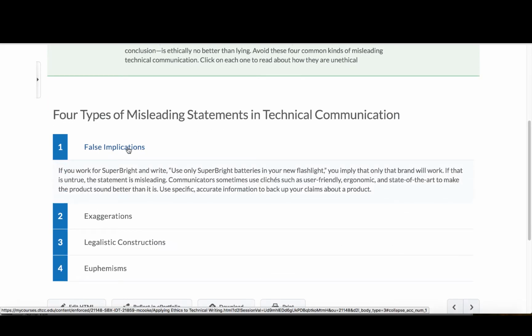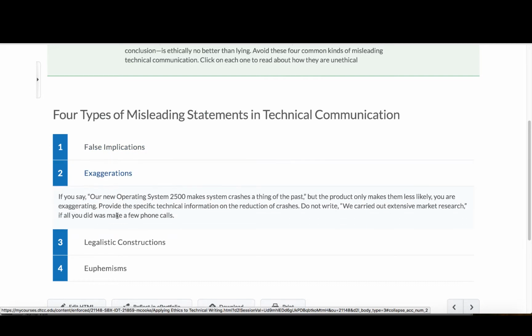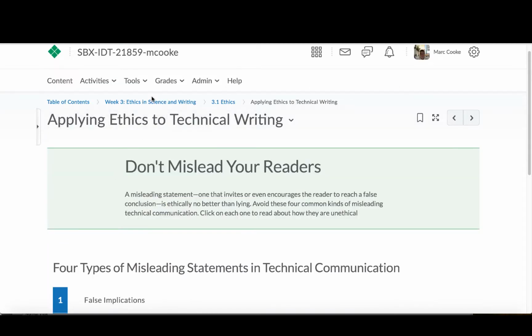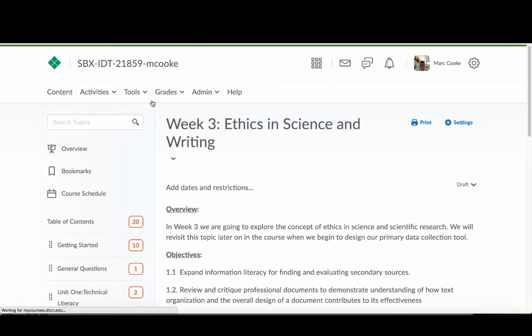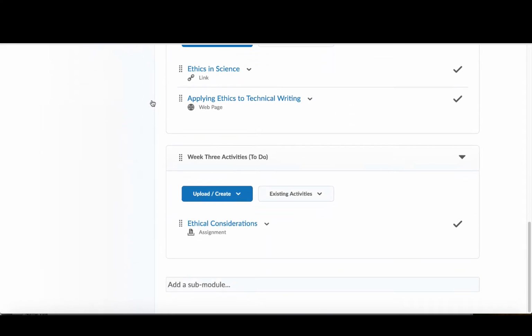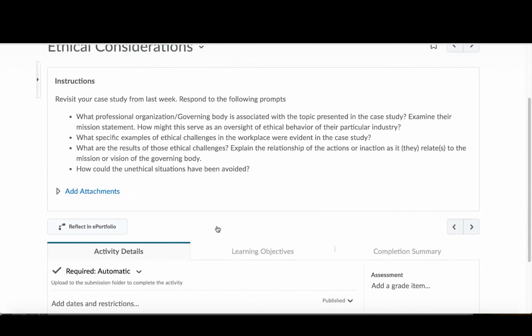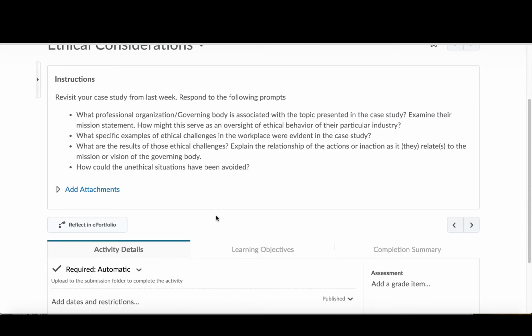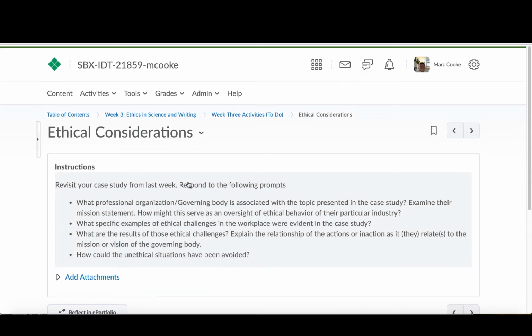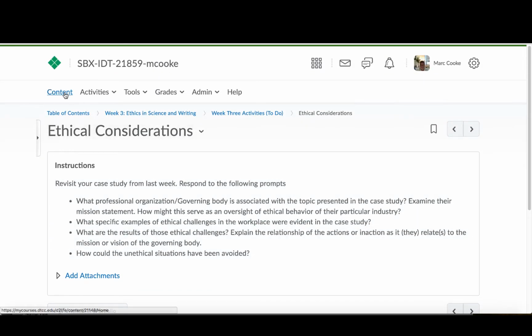They click on the misleading statement and read about it. Of course, for this week there is an activity to do, and it is a summative activity. There's the instructions, and this is one of the assignments that they will submit for grading.